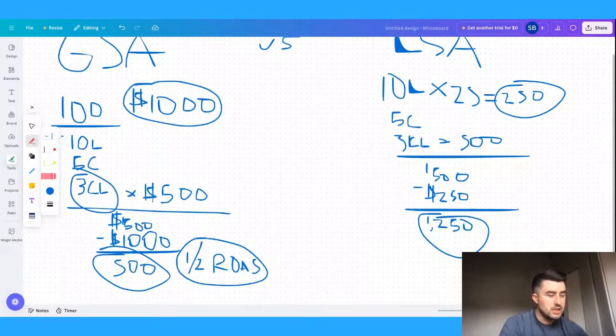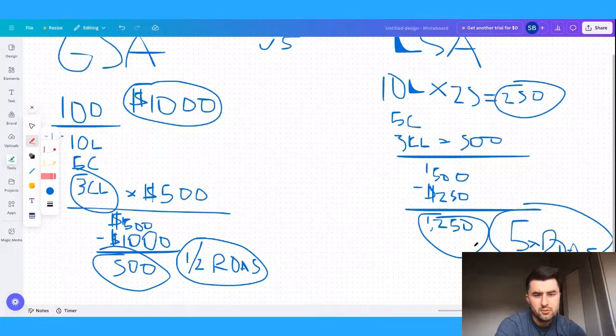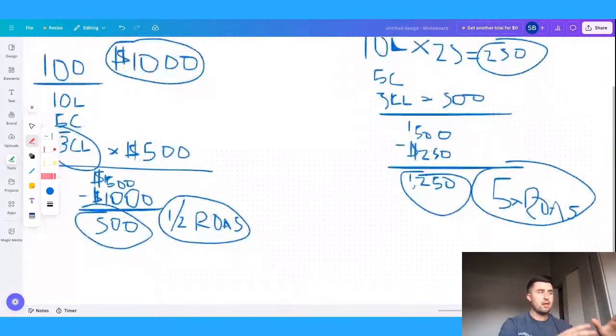And as you guys can imagine, let me just do some quick math here. 1,250 divided by 250. So this is quite literally, guys, a 5x return on ad spend, right? You have to think about this, guys. You put $250 in, you generate $1,500 in revenue, and then you essentially generate $1,250 in profit.